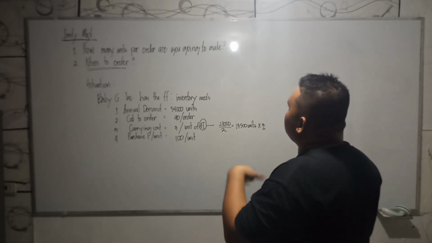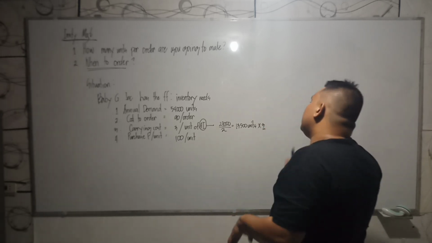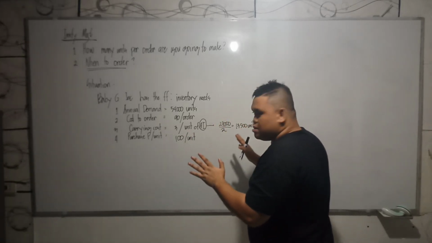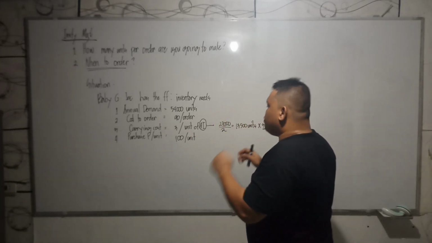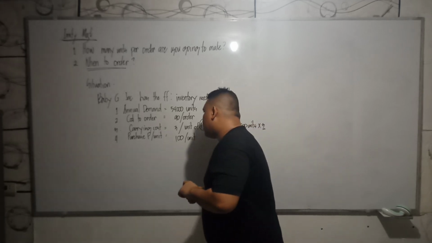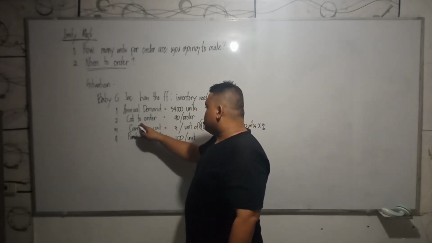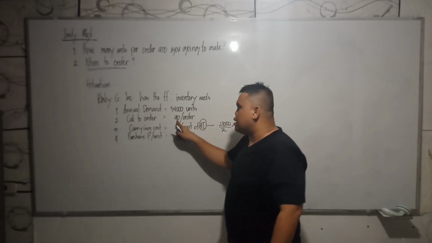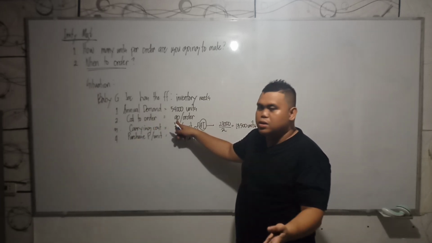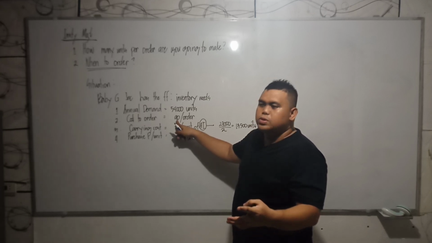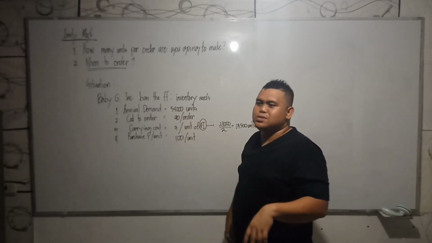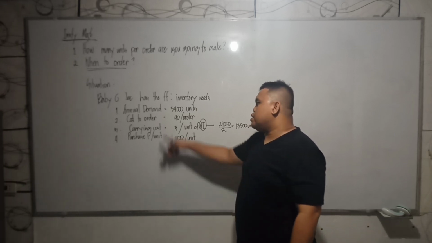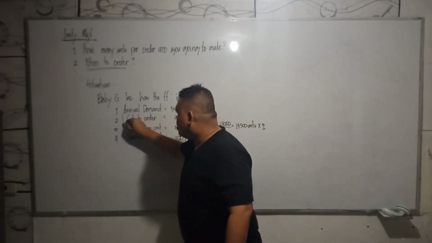How many units per order are you going to make? Without any technique, you will be able to compute the inventory costs. Of course, this is the problem. If you place orders only a few times, the cost to order will become lower. Just like I said earlier, if you decide to put 2 orders only for the 54,000, first order 27,000, second order 27,000, the cost to order will be lower.